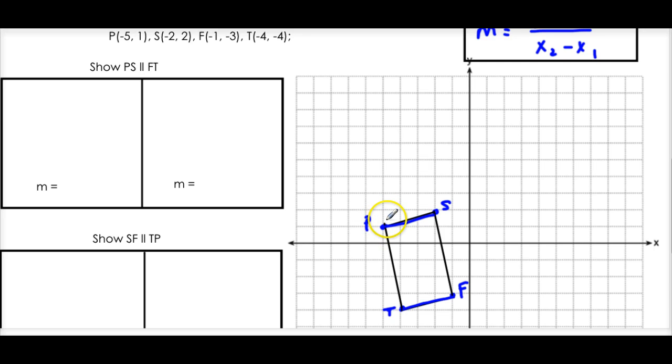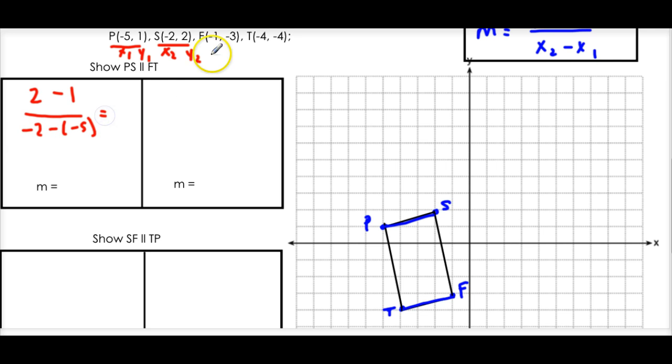Okay, so our slope of PS versus TF. We want to show that the slope of PS is the same as the slope of TF. So let's first find the slope of P and S. It's x1, y1, x2, y2. So y2 is 2, y1 is 1, so y2 minus y1, over x2 minus x1.